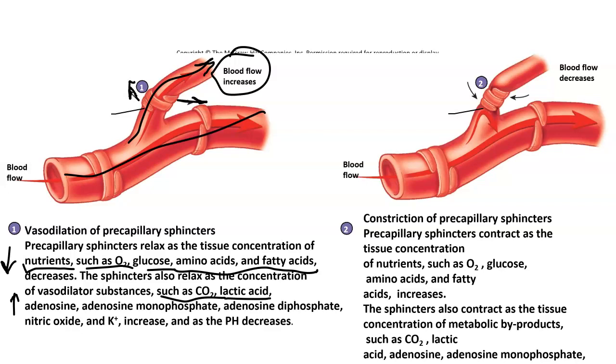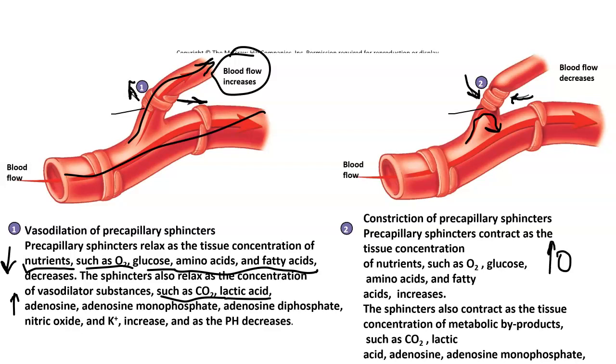On the right-hand side, we have tissue that is not active, and you can see how the precapillary sphincters have constricted. The arrows are pointing towards the sphincter. You can see blood moving away from the capillary bed. The tissue in this area is going to be not active tissue. There's going to be high levels of oxygen, because the tissue is not active, it's not consuming the oxygen.